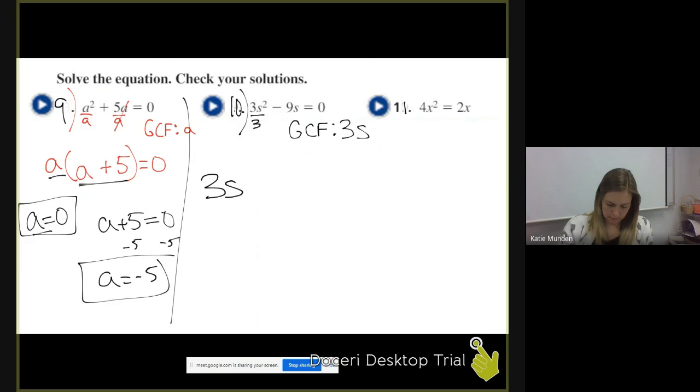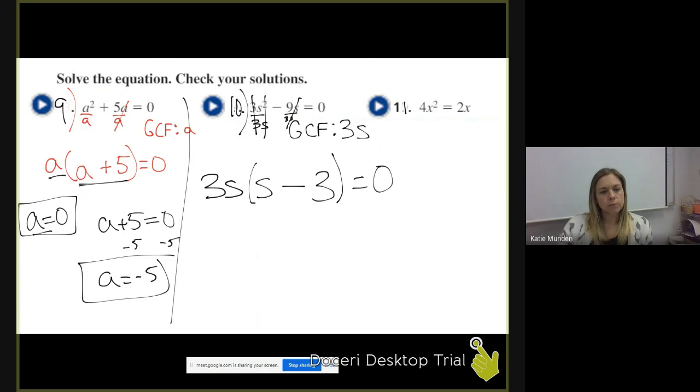So now I got to figure out what's left when I divide each term by 3S. So 3S squared divided by 3S, the 3's are gone and one of the S's is gone, right? So I would just have S minus 9 divided by 3 is 3, and S divided by S goes away. So I have 3S times S minus 3. Lots of 3's.